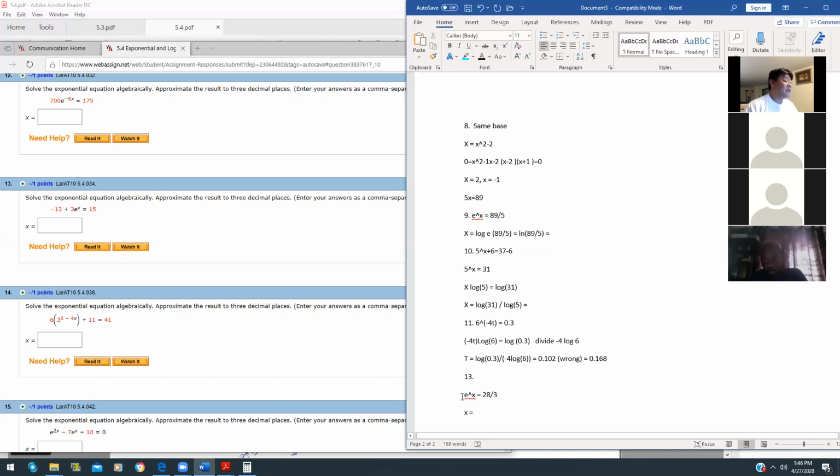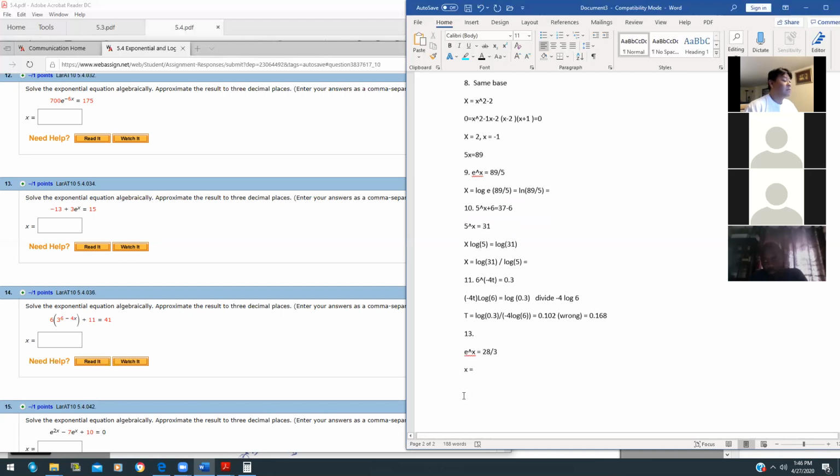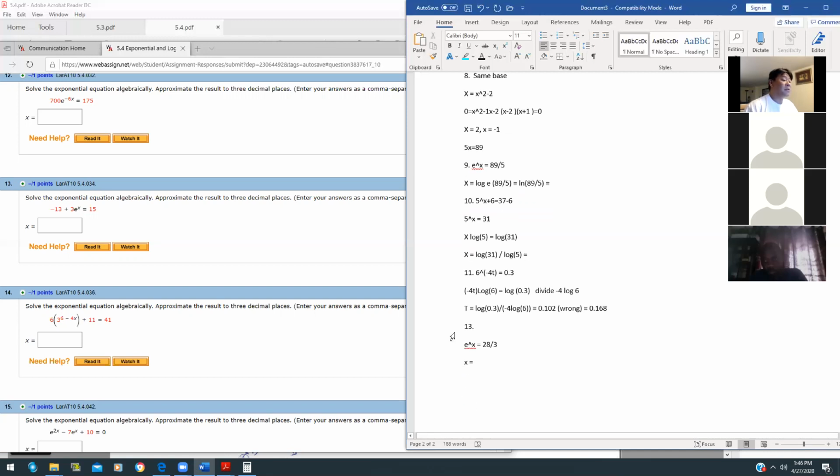What's the opposite of exponents? ln, yes. When you move the e over, this is ln. So this is ln of 28 over 3. Then you use your calculator. This one is not tough. You can use your calculator to do that. Okay.